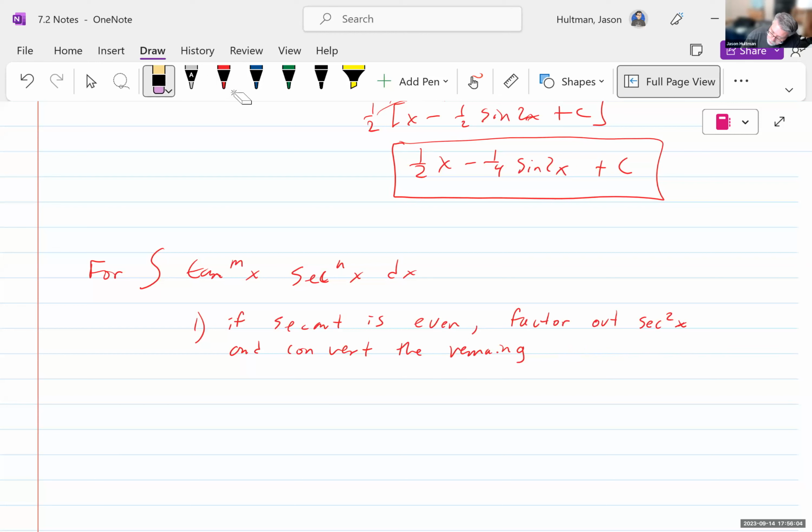Sorry, I said it backwards: the remaining secants to tangents. And why would we do this? Why would we want everything tangent? Because what's the derivative of tangent? Anybody remember? Secant squared. Yeah, secant squared. So this would be my u, and that would be my du. So I would be setting up a u du substitution in which u is my tangent. I would want to turn everything into tangents, and then my du would be secant squared.